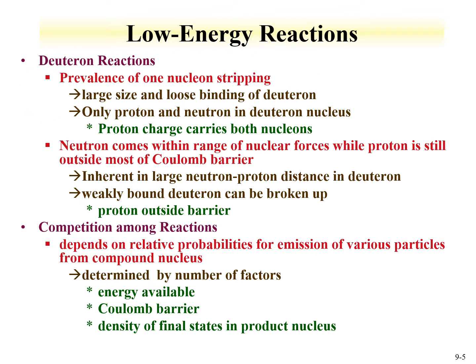In essence, this is a way of accelerating a neutron by exploiting the fact that that neutron's connected up with a proton. Some of these reactions can actually occur where the neutron can penetrate the nuclear barrier while the proton is still outside most of the Coulomb barrier. This is due to the inherent large neutron-proton distance in deuterium.